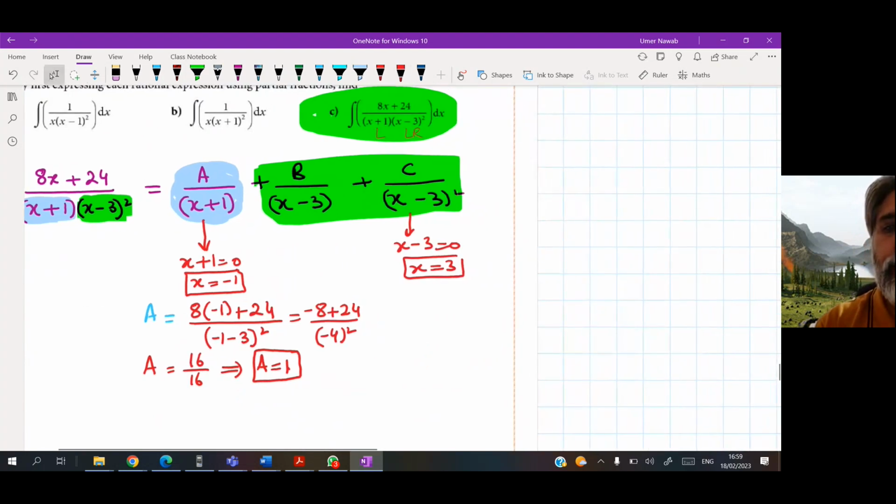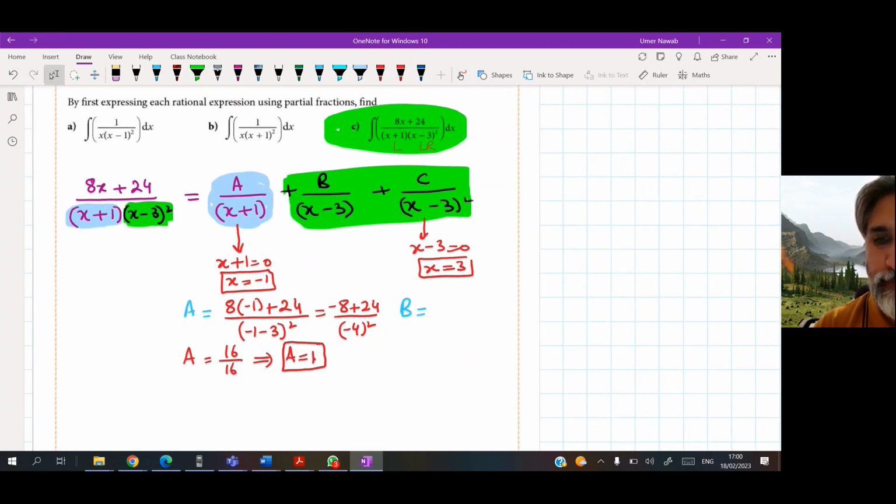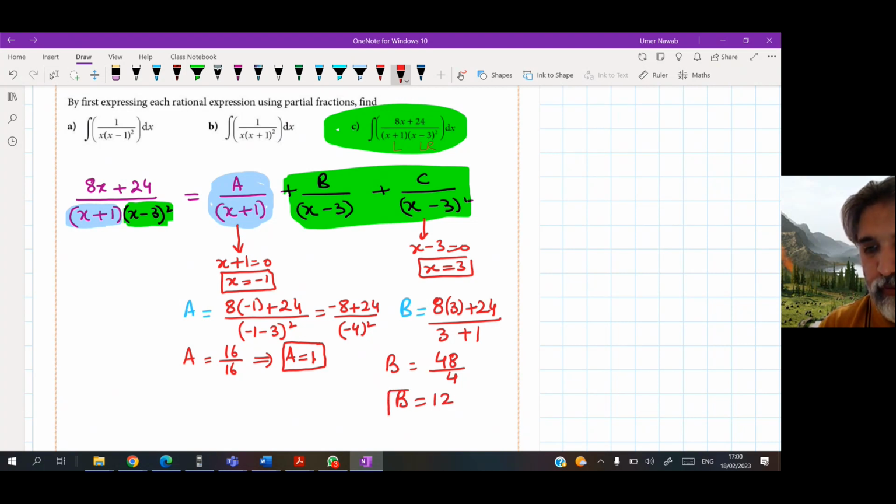We found it. Now we need to get the value of B. Well, so we got C is equal to 12.